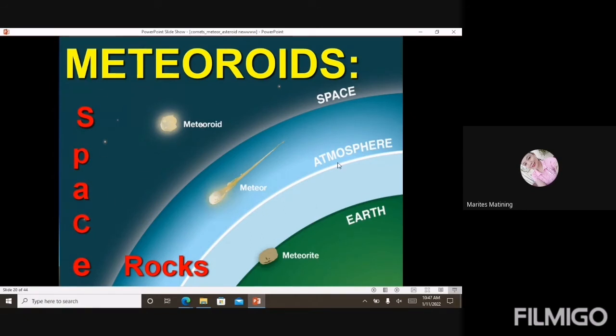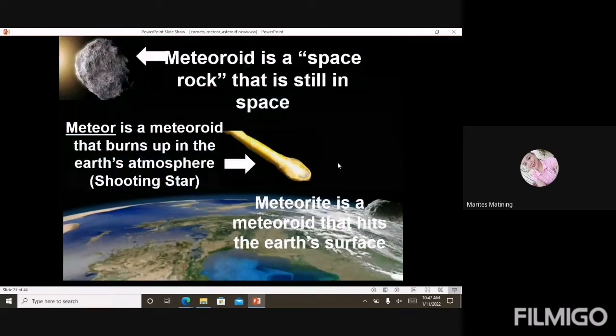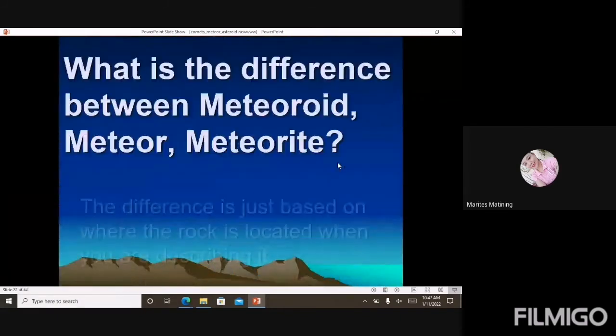Okay? So, meteor is a meteoroid that burns up in the Earth's atmosphere. Kaya siya tinatawag natin minsan na shooting star or wishing star. Meteorite is a meteoroid that hits the Earth's surface. So the meteoroid is a space rock that is still in space. Okay.